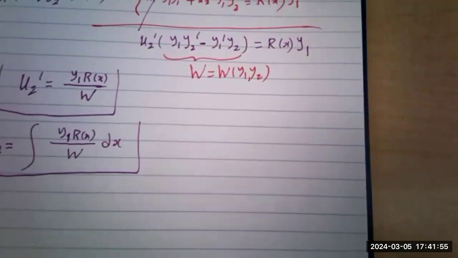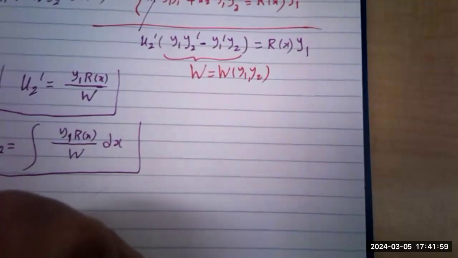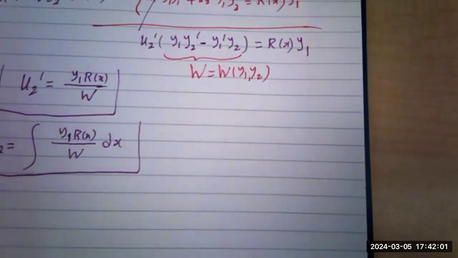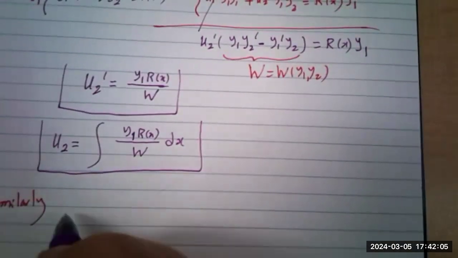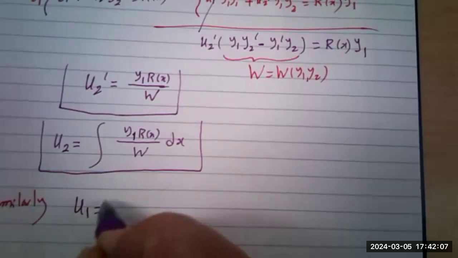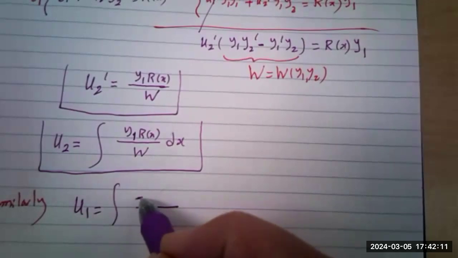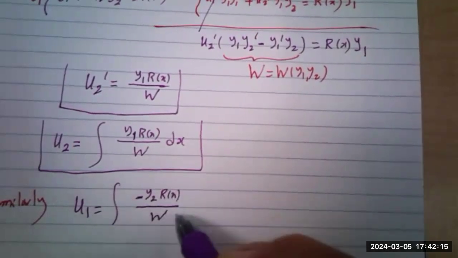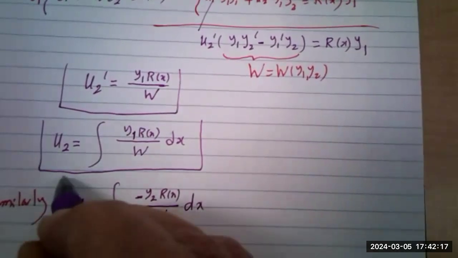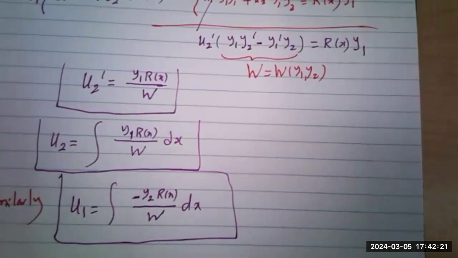Similarly, your u1 would be this one. So that's u2. The u1 is going to have a negative sign here: negative y2 times r of x over the Wronskian. So we have the u1 and the u2.